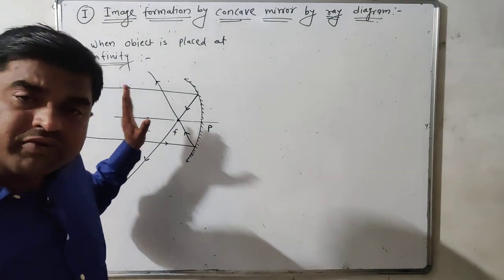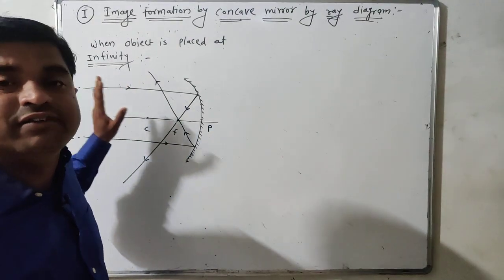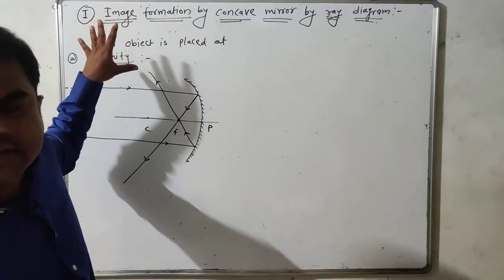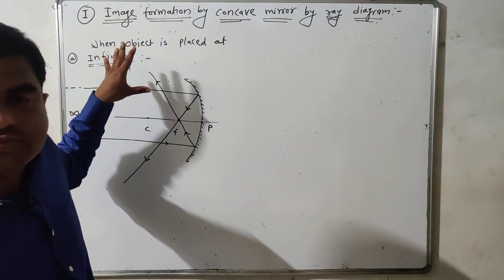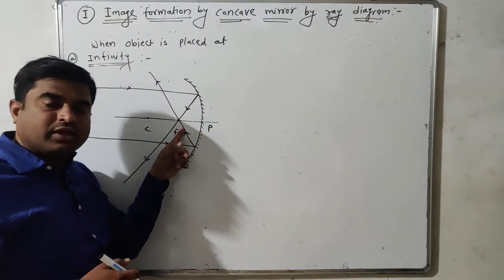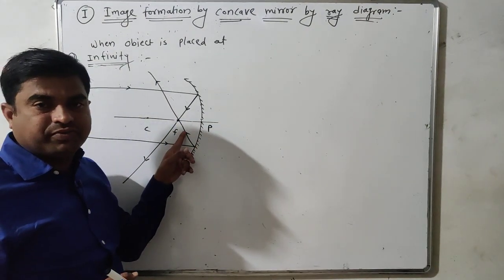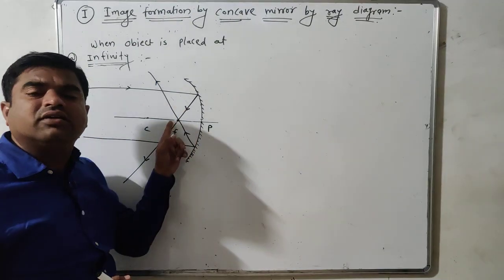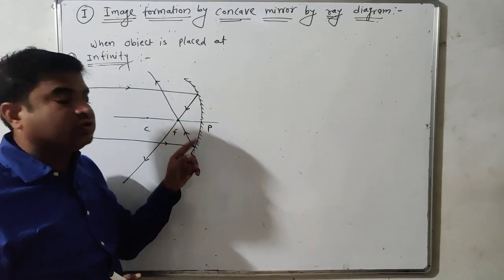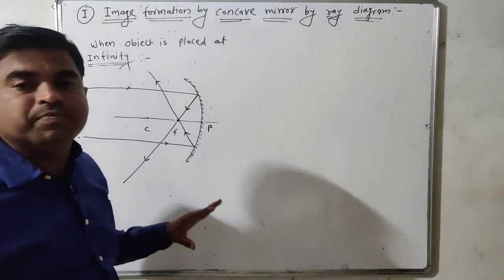Do you understand? Whatever may be the size of the object located at infinity, all the rays emitted by that point objects get converged to focus only. Therefore, its image after reflection gets converged to focus only. Therefore, the image will be of point size.